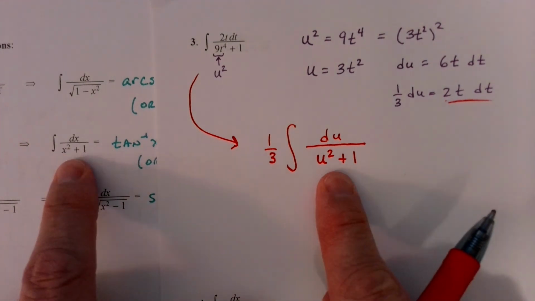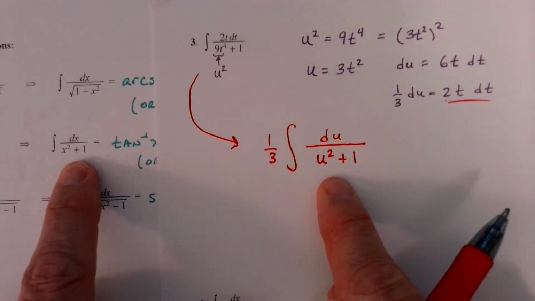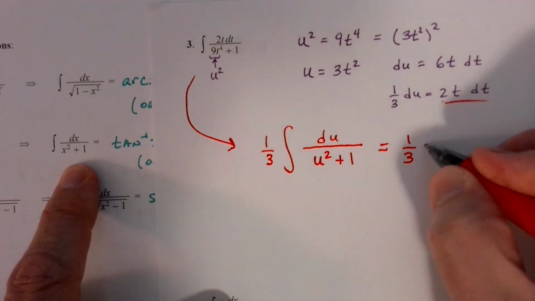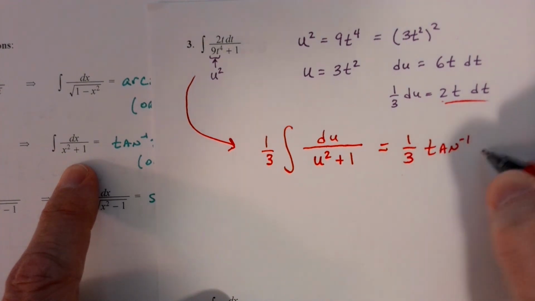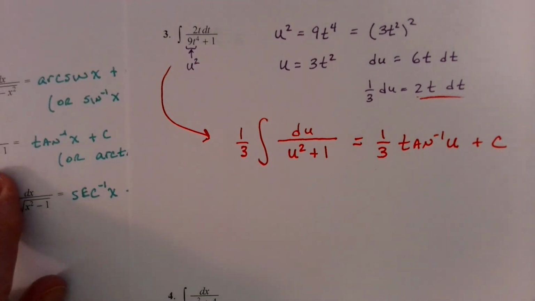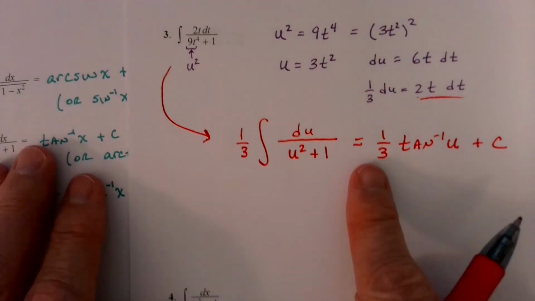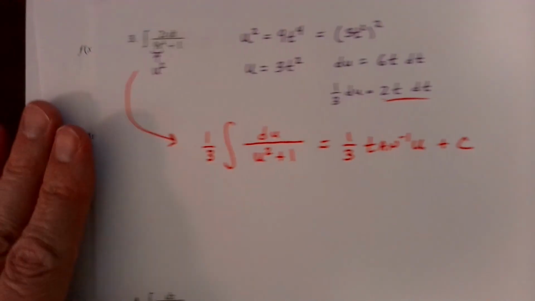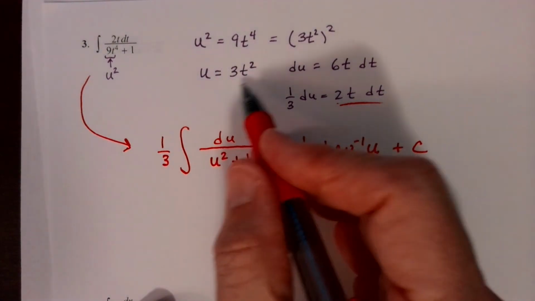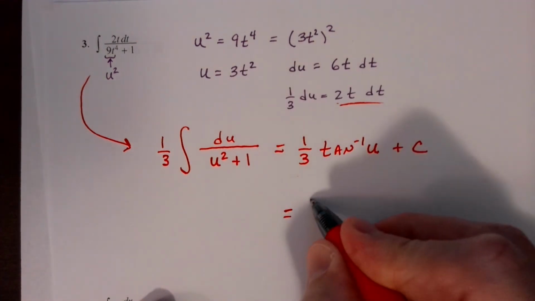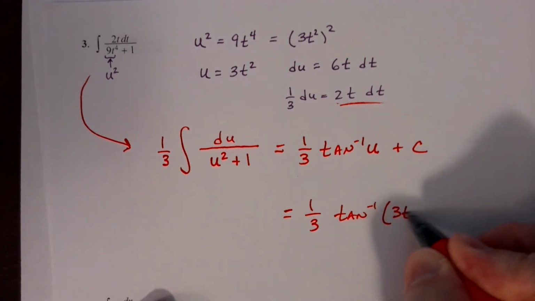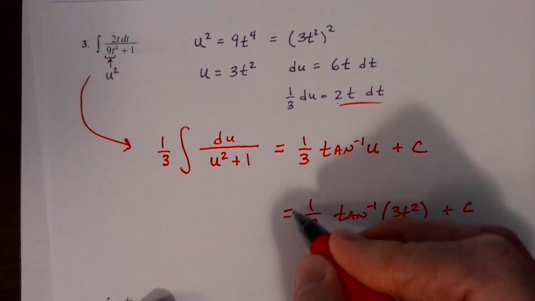Get it to look exactly like the one we want. So I know this antiderivative. I have this 1/3, but this is the inverse tangent function plus c, right? Of course, instead of x, I've got u as my variable, but same form. And so now I can answer the question by replacing u with 3t squared. So here is the antiderivative, 1/3 tangent inverse of 3t squared plus c.